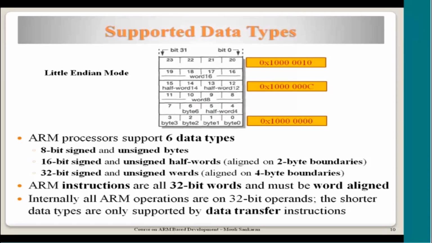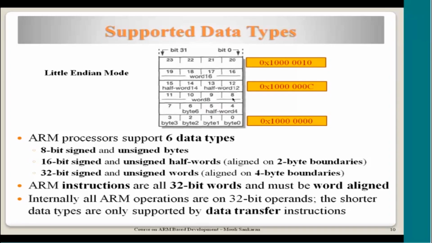Now 32-bit data types need to start on 4-byte boundaries. That means it has to be either on 0, 4 or 8. Now you can see that the word here starts from 8. It can't start from somewhere in the middle and then go to the higher byte. So these 4 bytes cannot form a word. So when the processor is accessing a 32-bit value from memory, it will always assume that the lowest 2 bits of the address are 0.